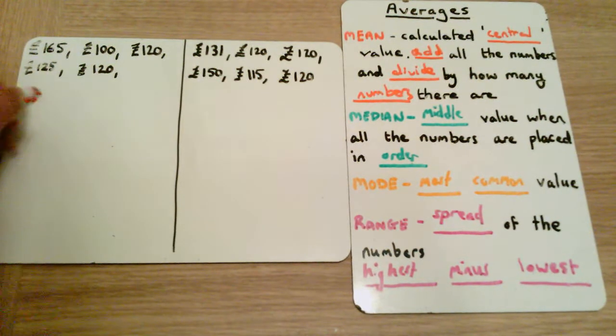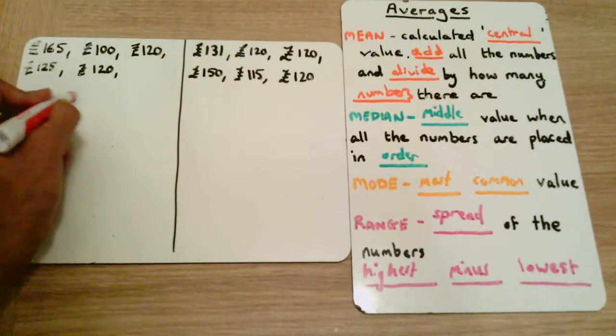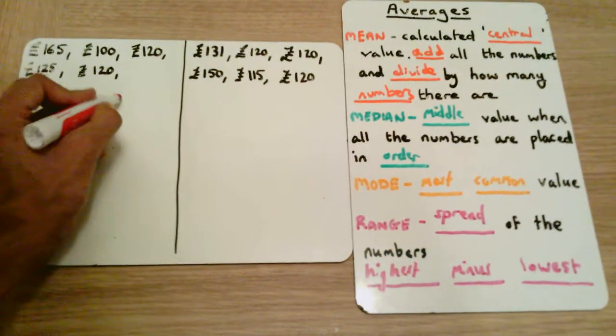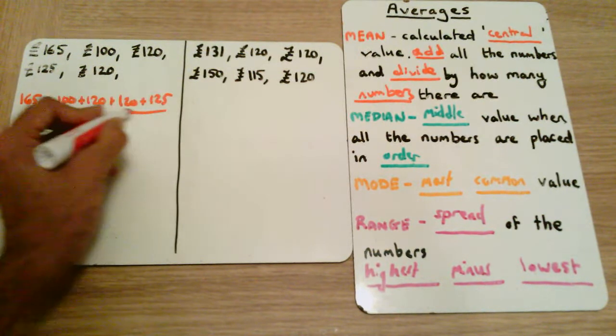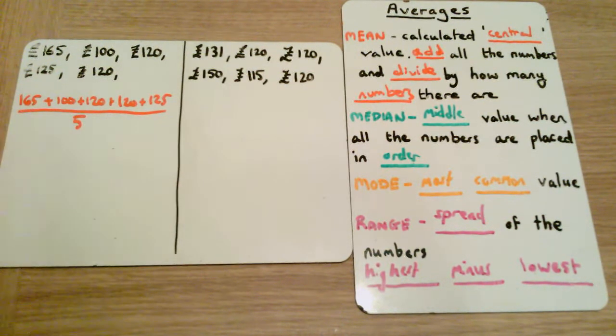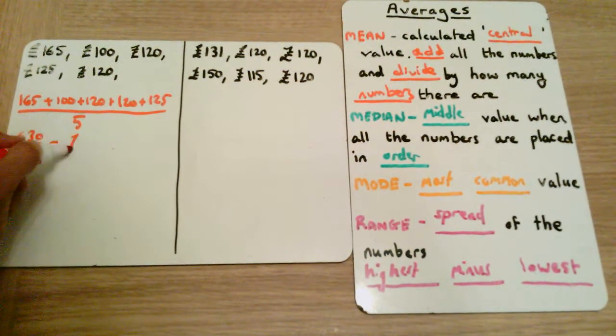So 165 plus 100 plus 120 plus 120 plus 125, and then divide by 5. If we add up those values on the top, we get 630, and if we divide that by 5, we get 126 pounds. So 630 divided by 5 is equal to 126 pounds.